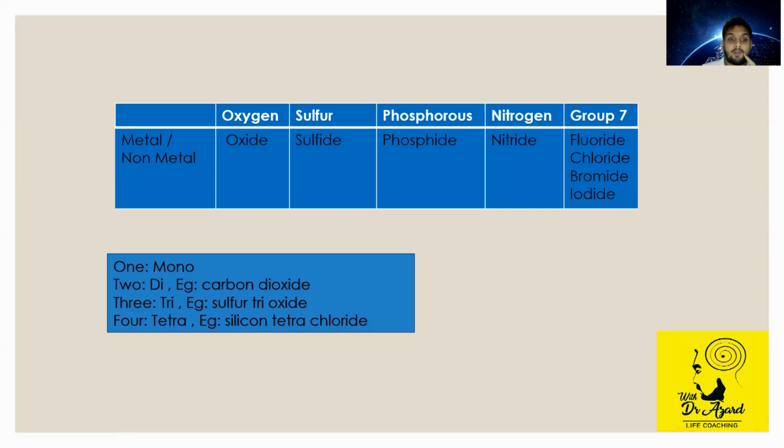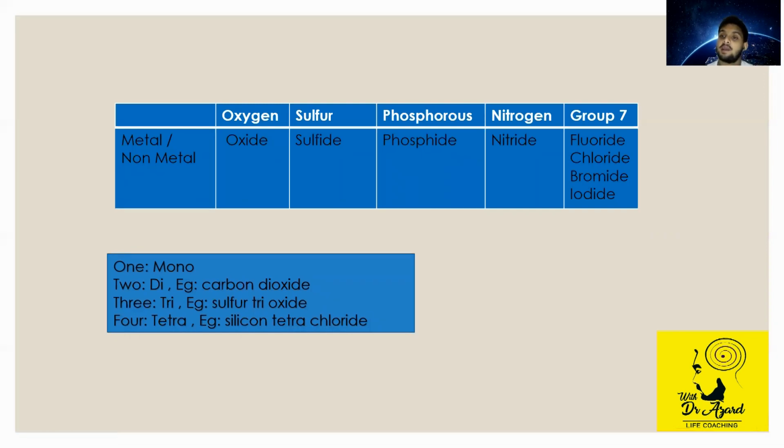But when it comes to two oxygens, for example, if you're reacting carbon with two oxygens, then we say it as not just oxide but dioxide, carbon dioxide. You know carbon dioxide is found in the atmosphere. Carbon dioxide has one carbon and two oxygens, so that's why we say carbon dioxide.